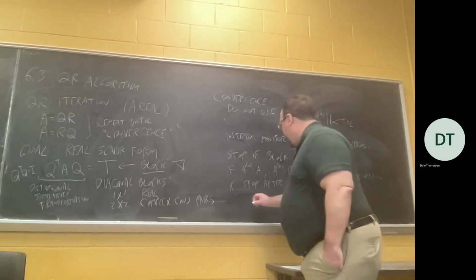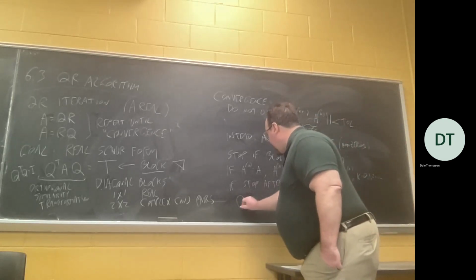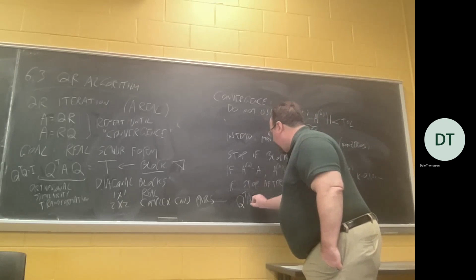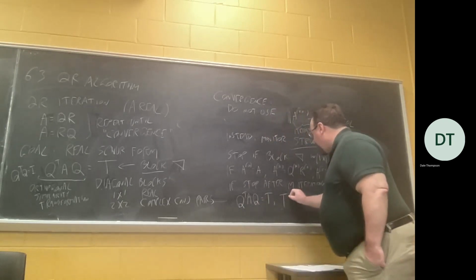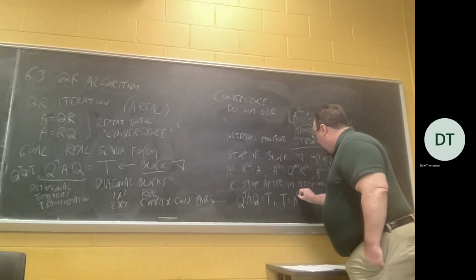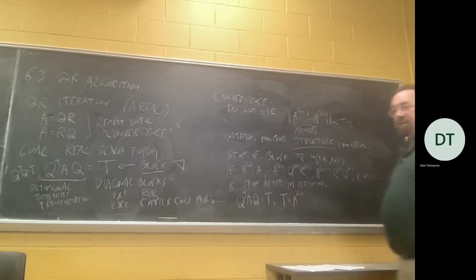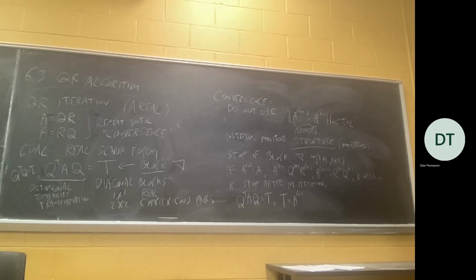Then what we have is Q transpose AQ is equal to T, where the matrix T is A^m, your final matrix that comes out of this process.